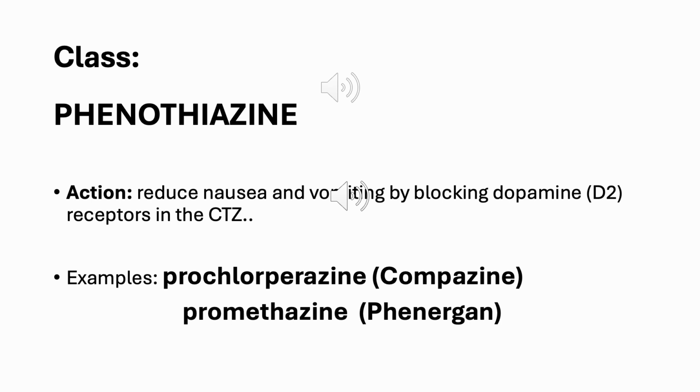The nursing implications: make sure to teach the patients to change positions slowly because these drugs can cause orthostatic hypotension. IM injections should be given deeply into large muscles. Remind patients that alcohol may increase the drowsiness and risk of injury.